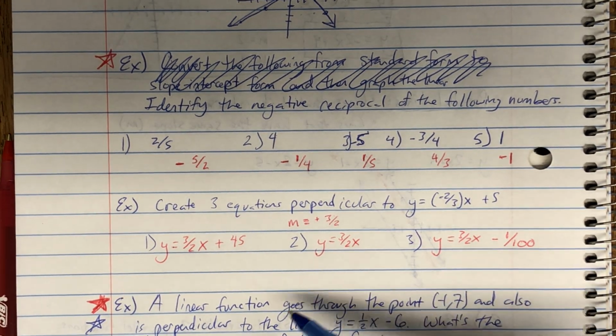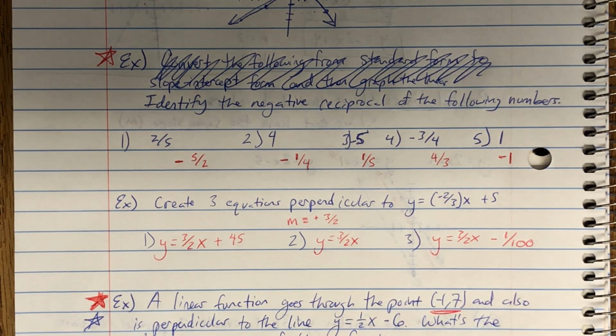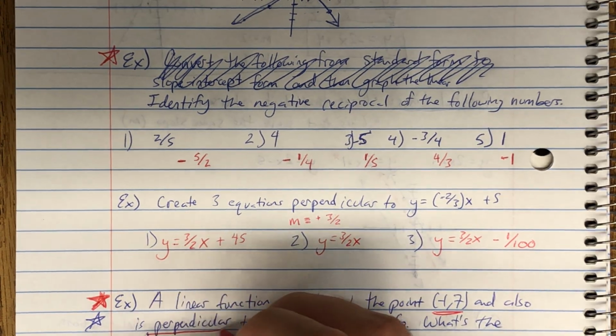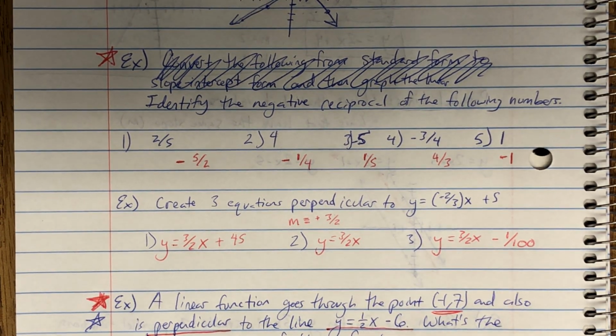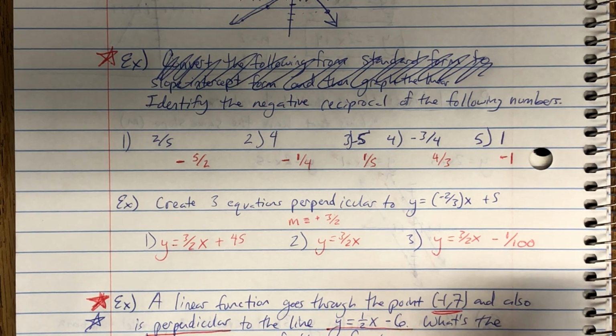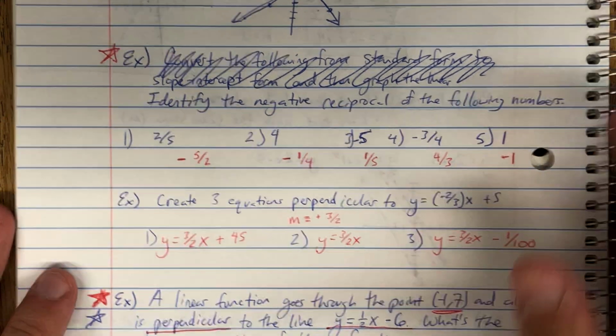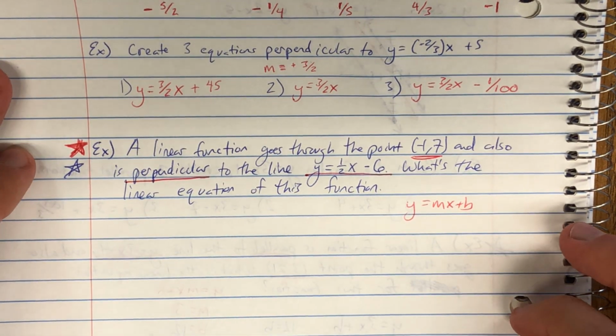So we have a linear function that goes through the point -1, 7. It's also perpendicular to the line y equals 1/2 x minus 6. What is the linear equation of this function? So we're writing a linear equation again. So y equals mx plus b is where it's at.